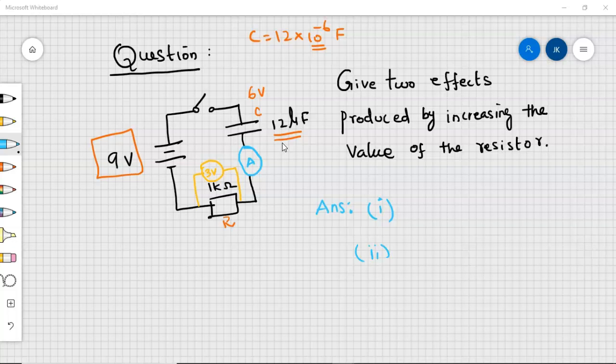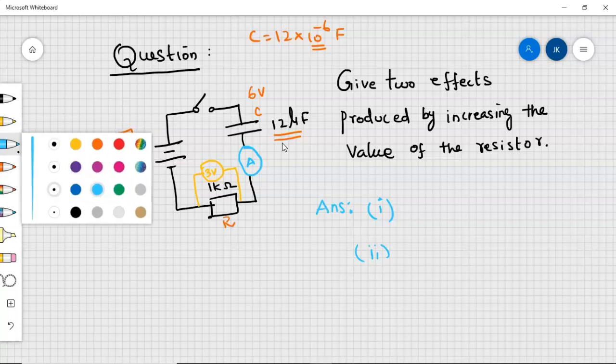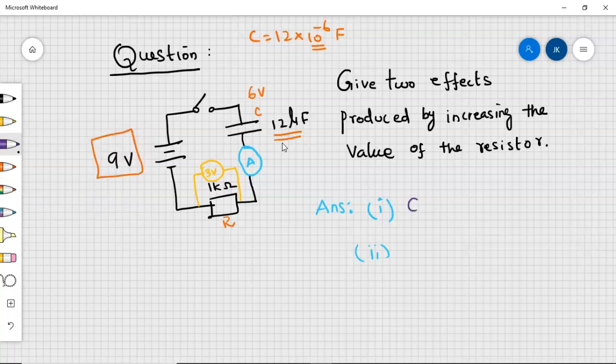What is the effect? The first effect, answer: capacitor will take longer time. It takes longer time to charge.